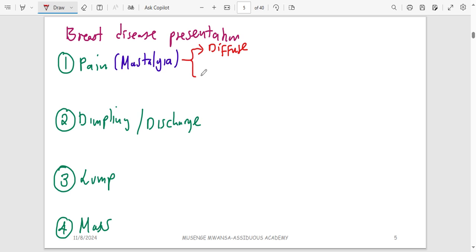So the pain can be diffuse or it can be localized. The meaning of diffuse is that you are not just feeling the pain at one point. And normally, diffuse pain is going to be associated with cyclic menses.